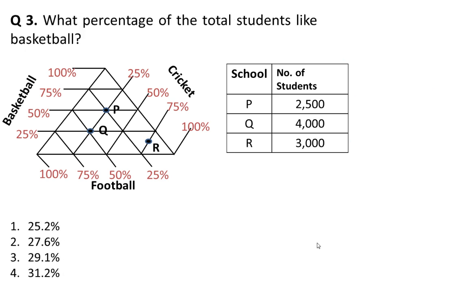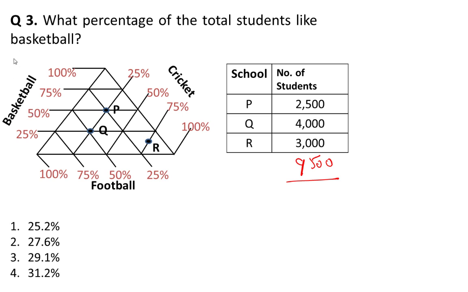Question number 3. What percentage of total students like basketball? What is the total number of students first? The total is 5, then 2 plus 4, 6 plus 3, 9. So 9,500 is the total number of students. What percentage of the total students like basketball?